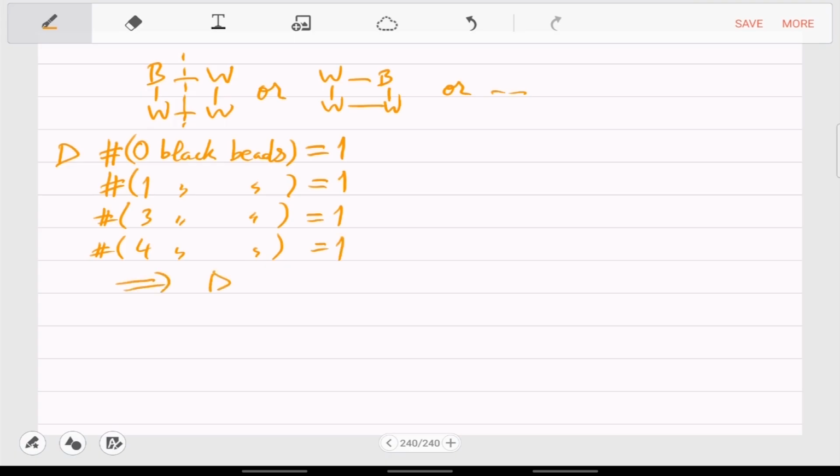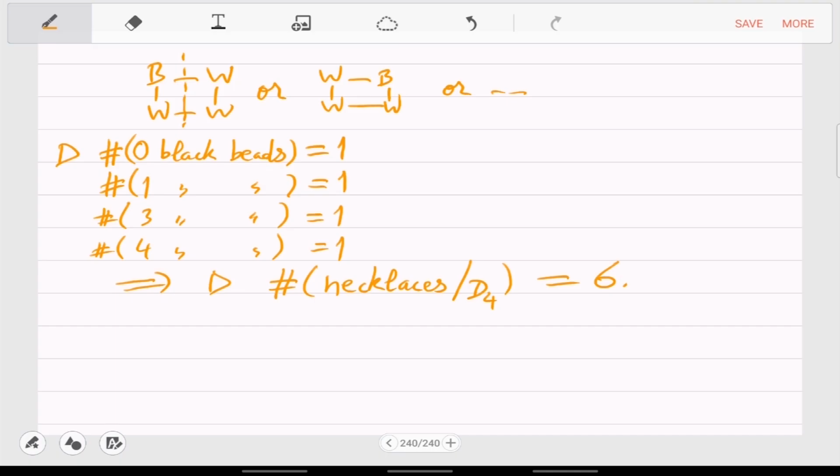So this basically means that the total is 2 plus 4, 6, right? So the number of distinct necklaces under the action of D4, under this symmetry, is 6. This is the answer.